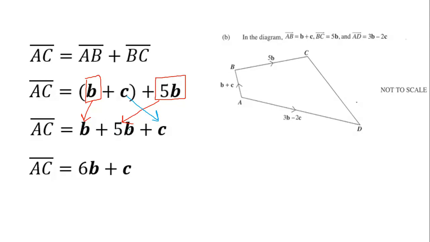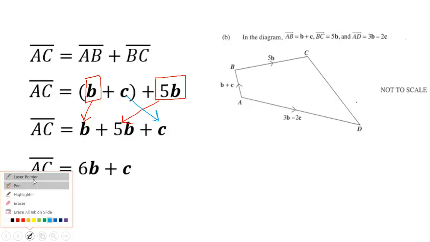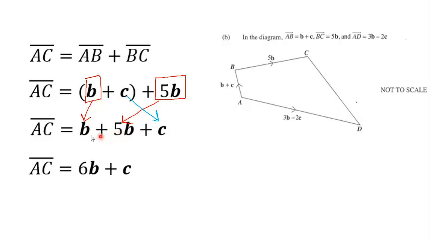We have B plus 5B, and they are like terms, so we can perform operations with them. B plus 5B is equal to 6B, because you can think of this B as 1B, the invisible 1. So 1 plus 5 is 6, and we tack on the B, plus C. So AC is equal to 6B plus C. We just bring the C down, and there is nothing more we can do because these two terms are unlike terms, and we cannot add unlike terms.